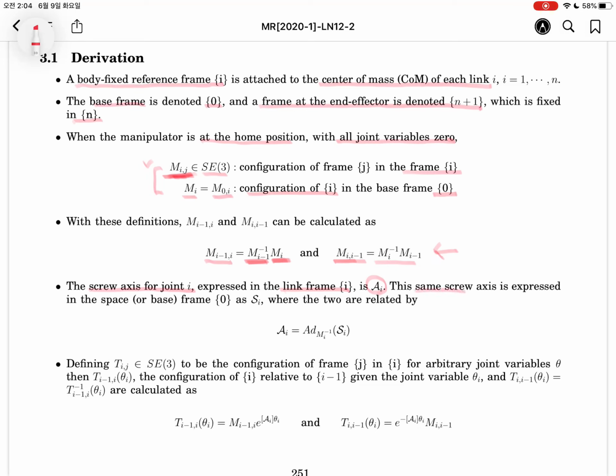The same screw axis can be expressed in terms of the space frame, denoted by 0, and it will be denoted by S_i. So S_i and A_i express the same screw axis, but the coordinate is different. So the adjoint mapping will be required between A and S.